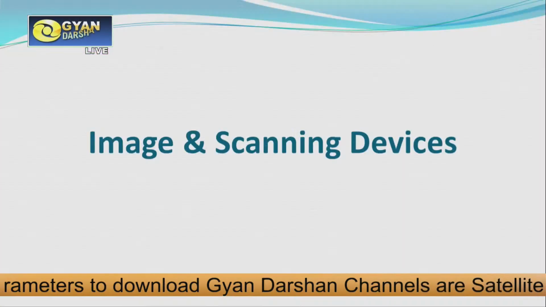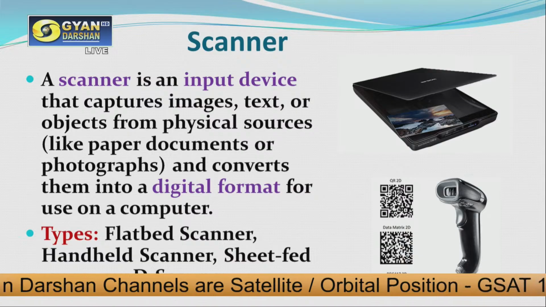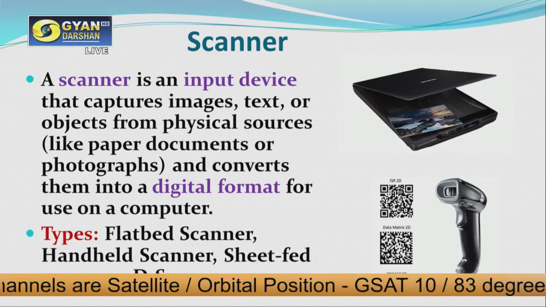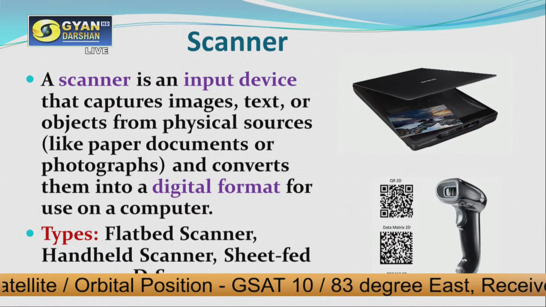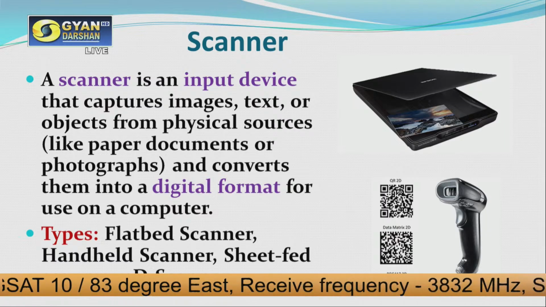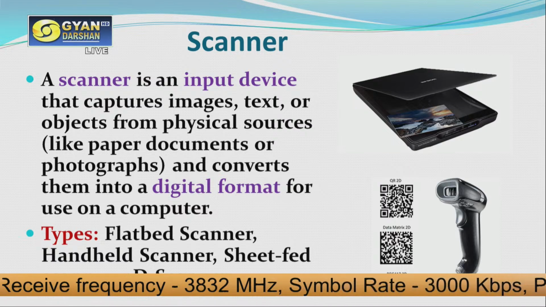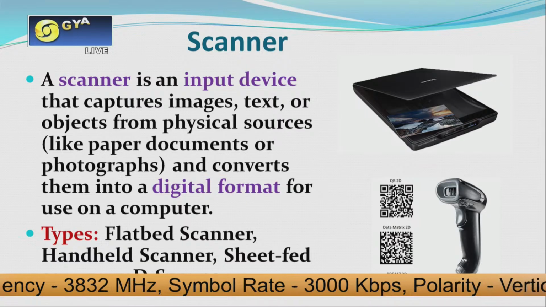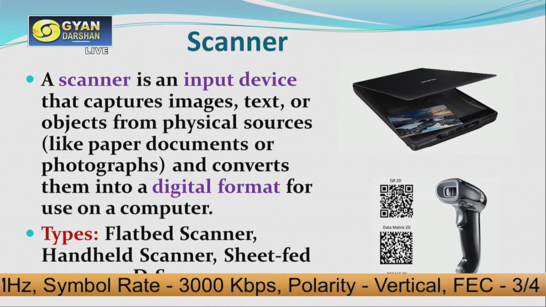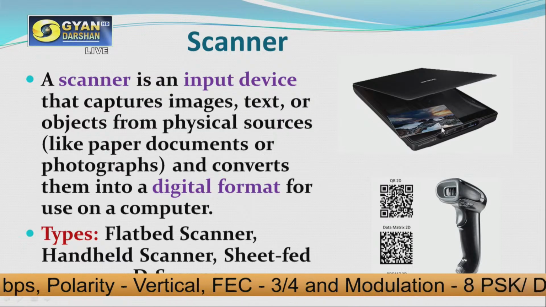Coming to image and scanning devices, there is one device called the scanner, and this input device captures images, text, or objects from physical sources. Most of us nowadays use an app to scan things using our mobile. However, there are physical devices, placed here on the right side, called scanners.